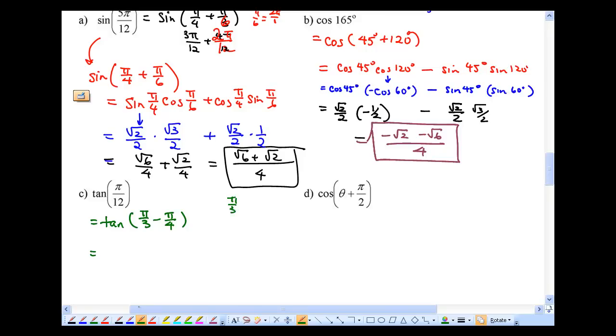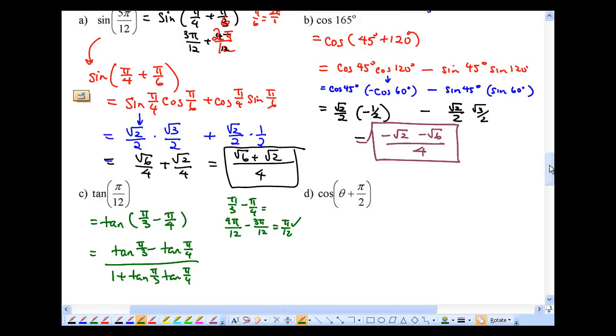Pi over 3 minus pi over 4. If I wrote down the denominator being 12, 4 pi minus 3 pi, oh yeah, that's pi over 12. That's where it comes from. Okay? Let's go ahead and use the difference identity for tangent. So that would be tangent of A, pi over 3, minus tangent of pi over 4, all over 1 plus tangent of pi over 3, tangent of pi over 4.